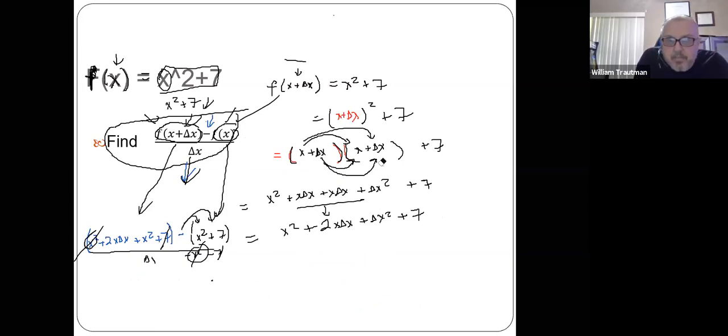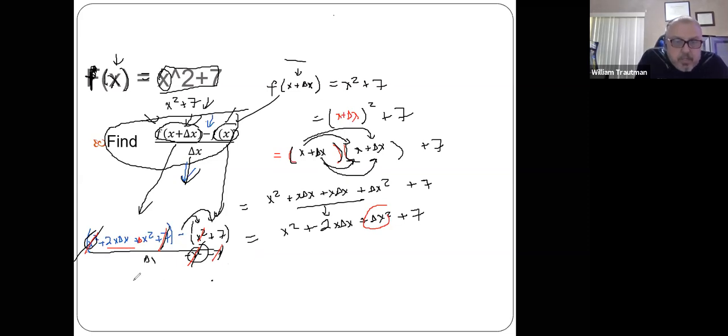We have this, and I wrote it wrong. There's a change of x right here, okay? So that's important. Those two canceled out. These two canceled out. And so this is what we're left with.